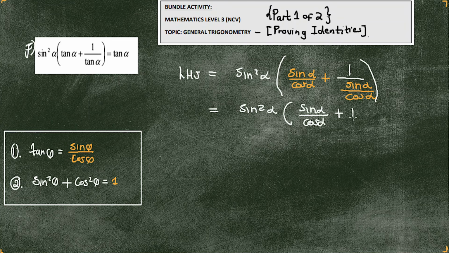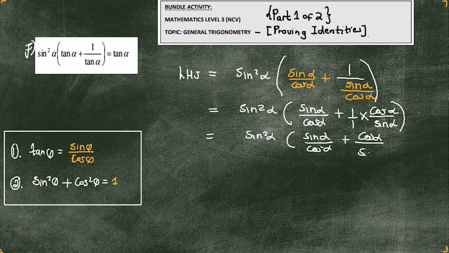So what do we do? We say 1. We take the numerator as is, dividing it by 1 if you want to. Then you multiply by the inverse of the denominator. So you flip the denominator. It's going to be cos alpha over sine alpha. Close the bracket. Equal to sine squared alpha, sine alpha over cos alpha plus 1 times cos alpha over sine alpha.